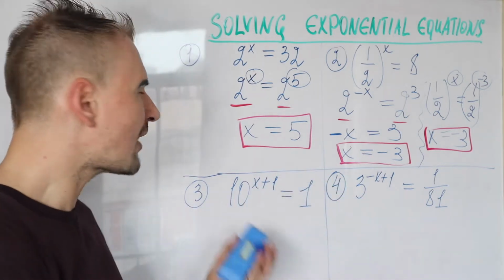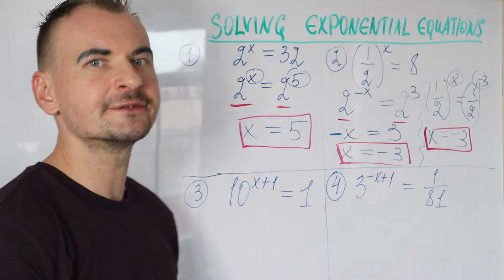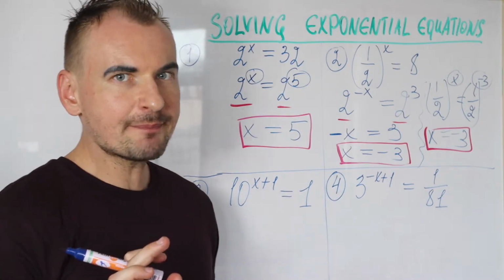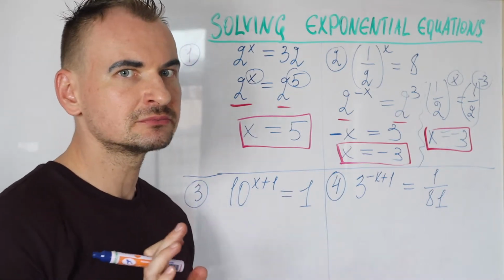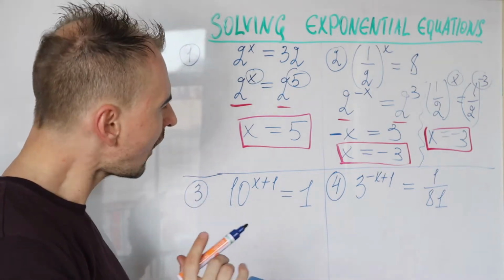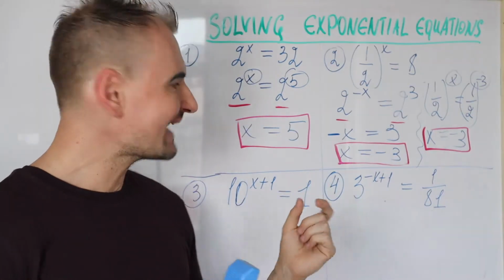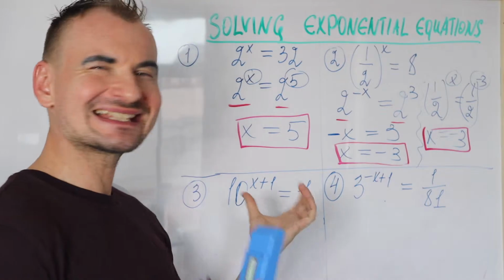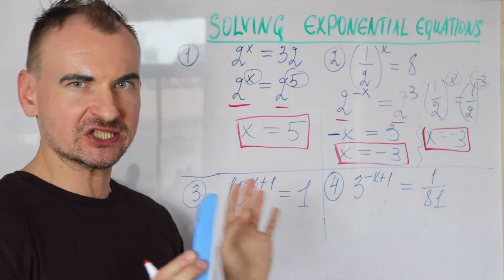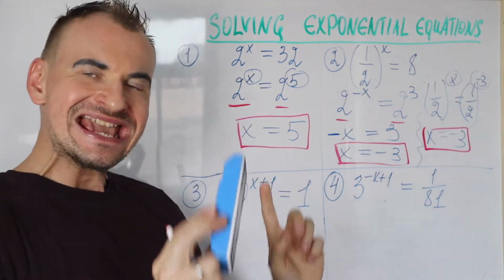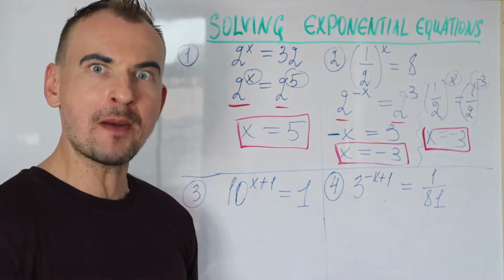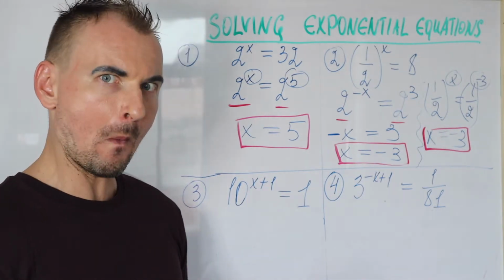Moving on, how about this one? Alright, a little bonus tip. Of course, 1 can be expressed as any base raised to the 0 power. Anything raised to the zero power gives you 1.